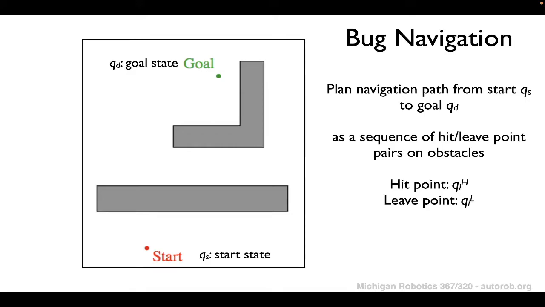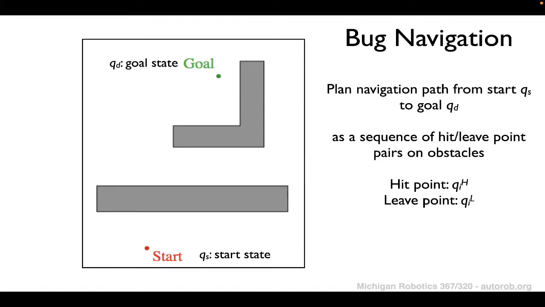In particular, the goal for this bug navigation is going to be to plan a path from the starting configuration, which will be denoted by Q sub S, to the goal location, Q sub D. And so this path can include a sequence of what are called hit or leave points, which will be essentially locations on the actual obstacles where the robot or the bug would have collided with the obstacle.